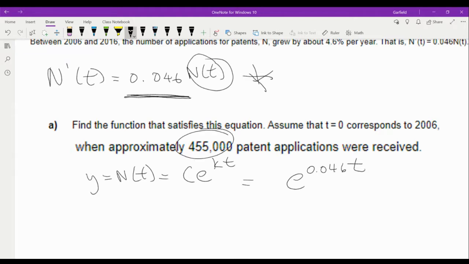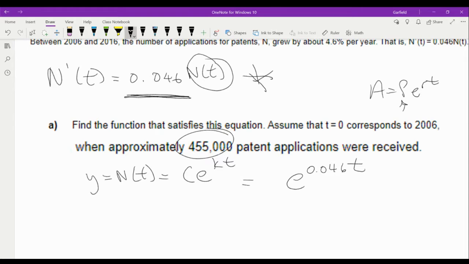Remember when we did those compound interest problems last week, I think it was? We had the PERT formula. It's the same thing. If you remember interest, A equals Pe^(rt). So the initial amount, P.